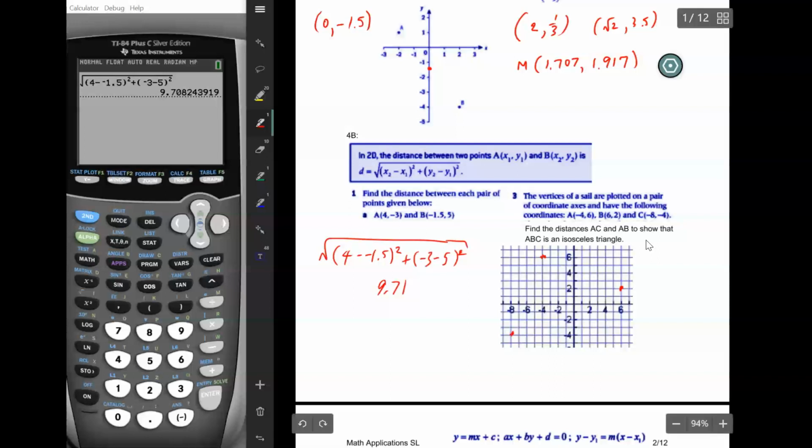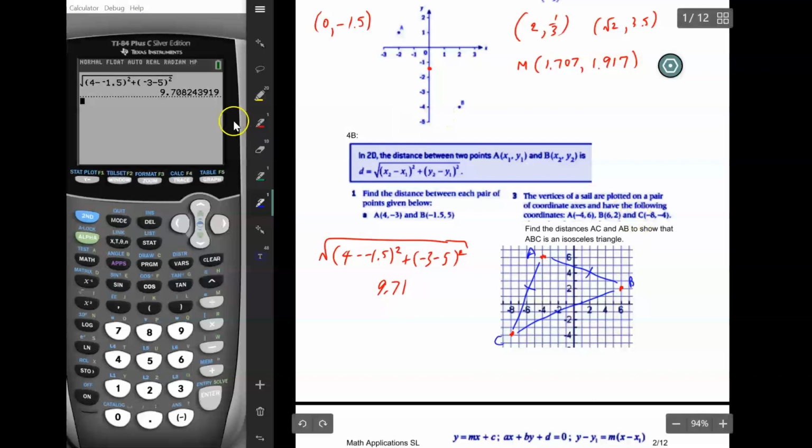And they're saying that that would be an isosceles triangle if we check the lengths of, let's see, A is this one, and B is this one, and C is this one. It says if we check the lengths AC and AB, we'll find out that it's an isosceles triangle.